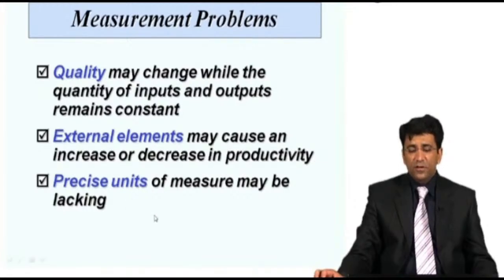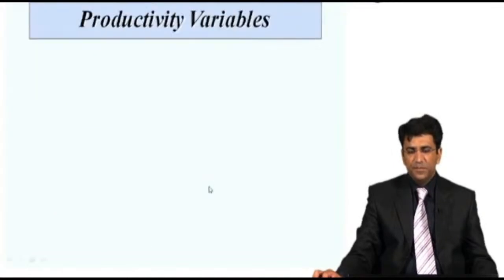Again, another important thing with respect to the productivity measurement, that we'll have to take into account the precise units of measurement for our inputs as well as our outputs. That is, the unit of measurements for the inputs and outputs should be consistent. If these are different, that will not give you the appropriate value of productivity. So these are some of the limitations with productivity measurement.